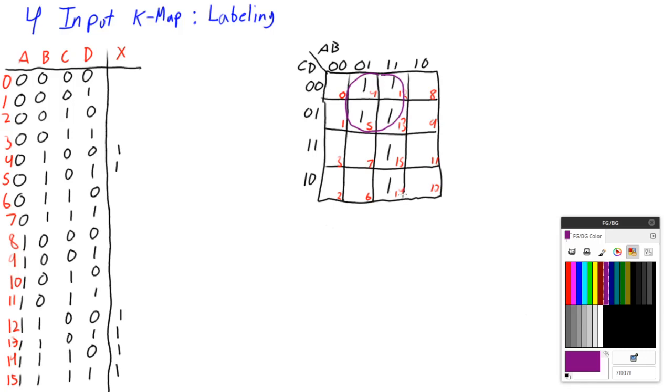And so we could circle these ones, but we got to remember that it's okay to have overlap, meaning I can circle all 4 of these, and that makes a bigger implicant. And now what we can do is say, where are my distinguished one cells at?